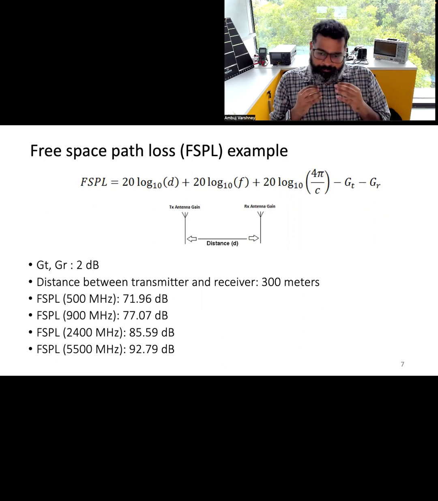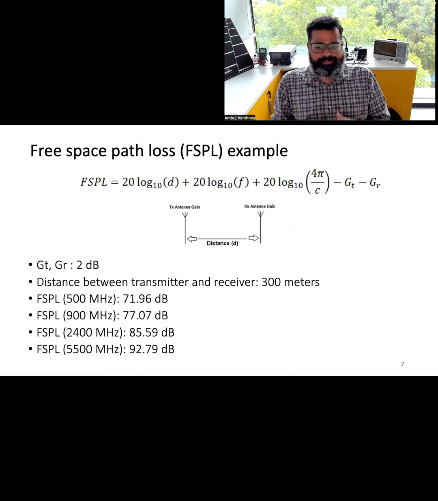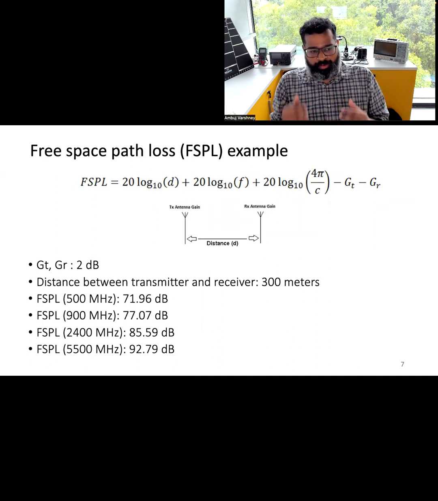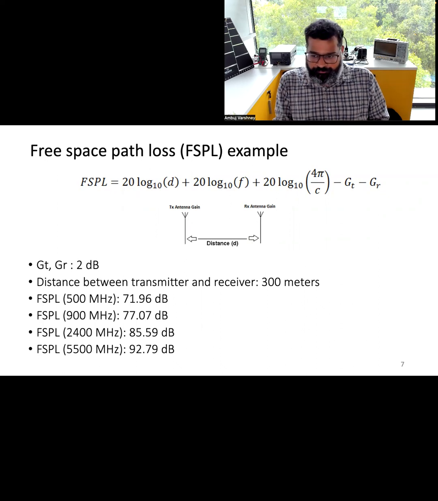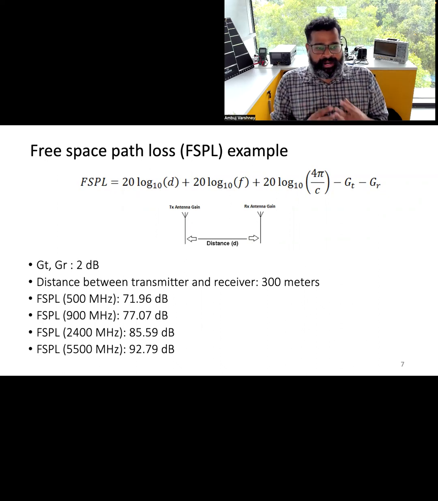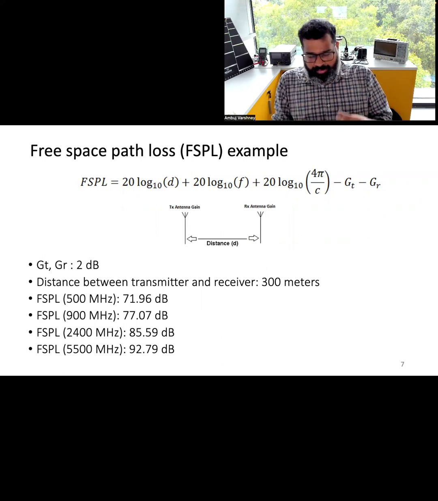When we plug these values into the free space path loss equation and calculate it for different frequencies, ranging from the white space frequency band at 500 megahertz to the different ISM bands at 900 megahertz, 2.4 gigahertz, and 5.45 gigahertz, we find that the losses become much higher as we go higher up in the frequency.